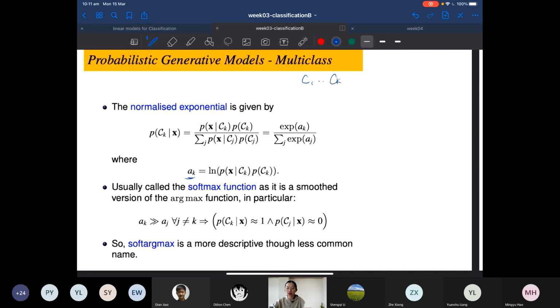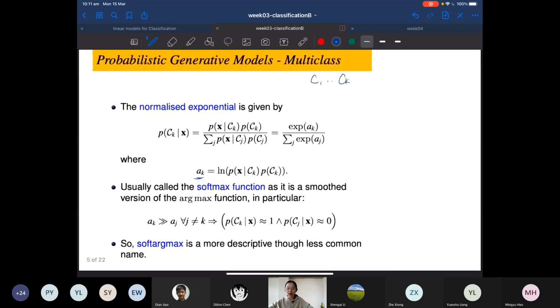So this is usually called a softmax function. Again, it's going to be very useful. Neural networks use it a lot because it is a smoothed version of the argmax function.